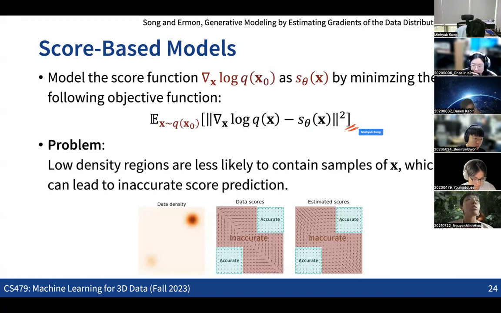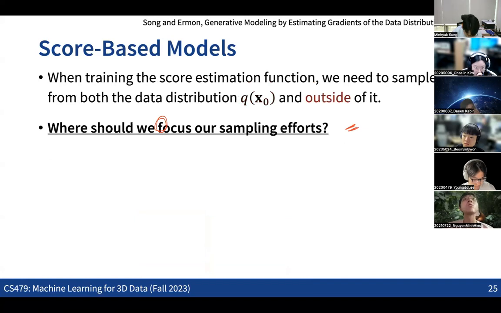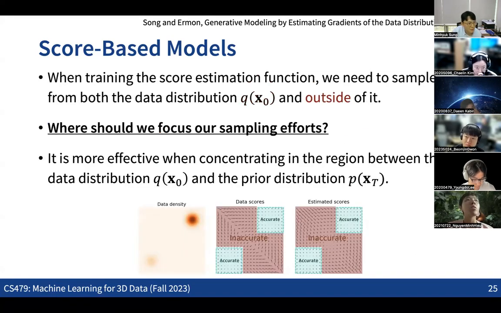If we only take the samples X from the data distribution, then we may not be able to get accurate score information for the other regions. This means that we need more samples, not only from the data distribution, but somewhere in between the data distribution and the prior distribution, so that we can get accurate score information over the entire space.